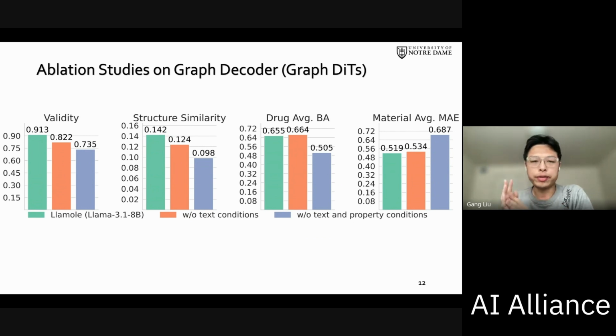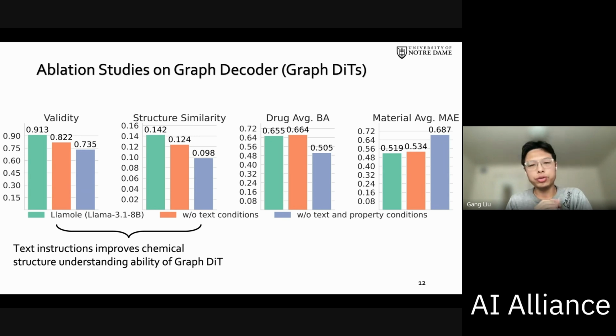Here we have 3 variants. The cyan color denotes the full version, and the orange color represents the version where we don't use the large language model generated text condition as the input for the graph diffusion transformer, and the blue color represents that we don't use both the text and property conditions.